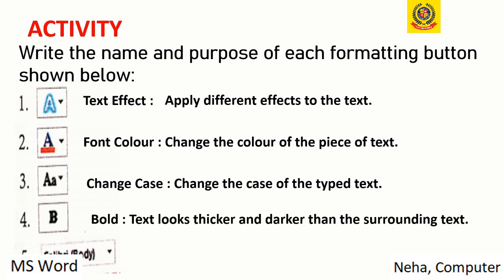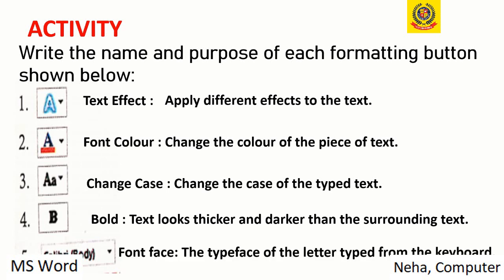Fourth is bold. It makes the text look thicker and darker than the surrounding text. Fifth one is the font face. Calibri body is actually a font face, and this is the type face of the letters typed from the keyboard.